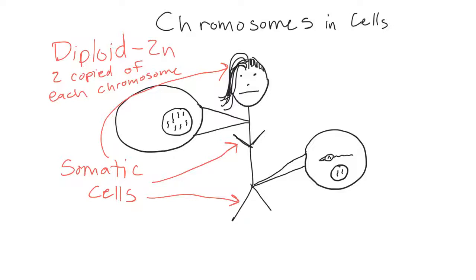But there are specialized cells which are haploid, meaning they, or 1N, meaning they only have 1 copy of each chromosome.